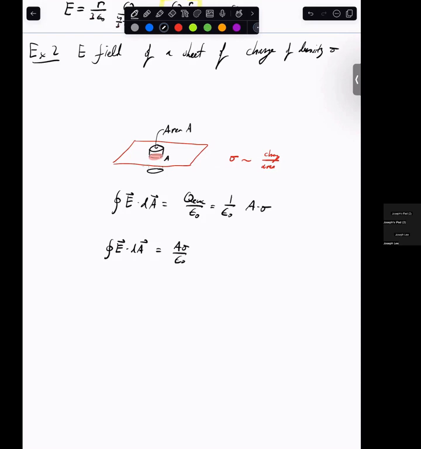Now I perform this integral. If you remember from what we did above, this gives me 2 times A because the pillbox has an area on top and an area on the bottom. And then the resulting electric field magnitude is just sigma over 2 epsilon naught. And if I call this direction z hat, this should be my final electric field.